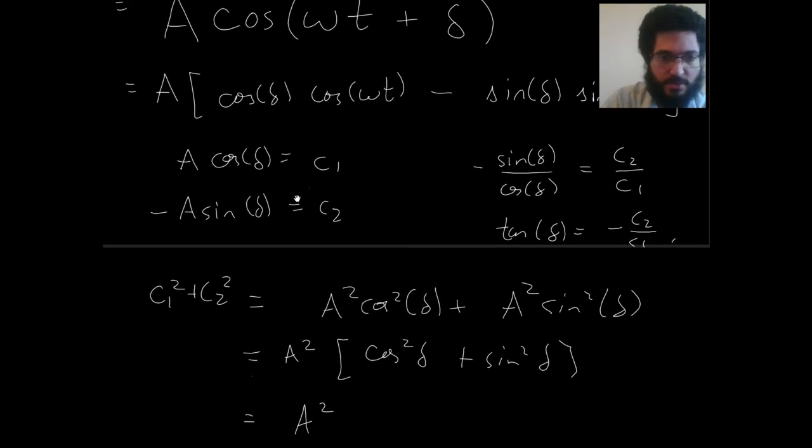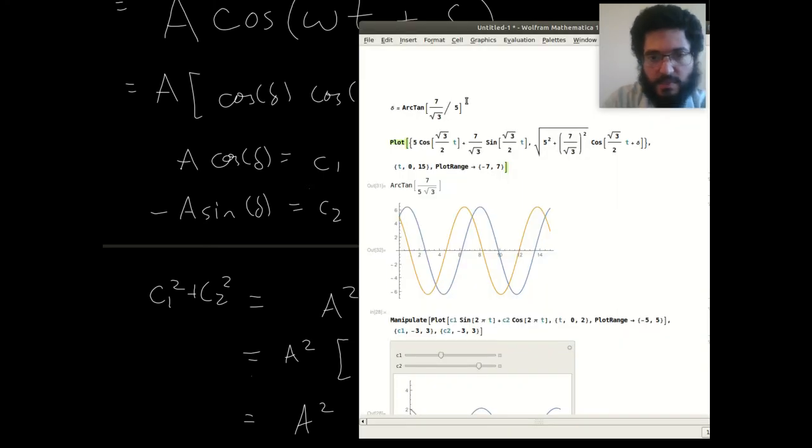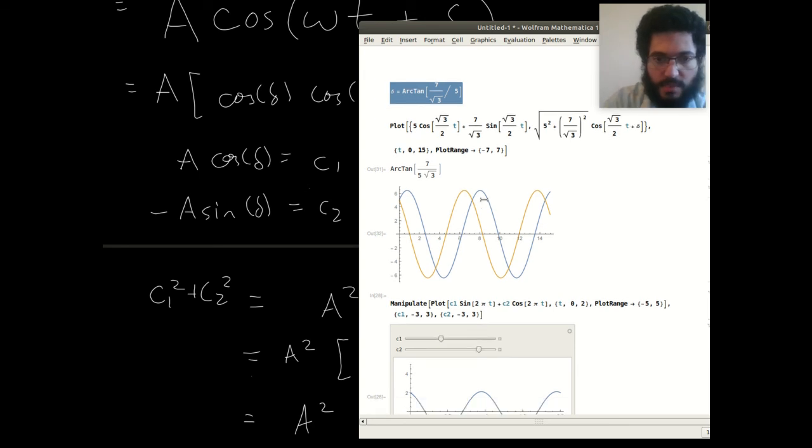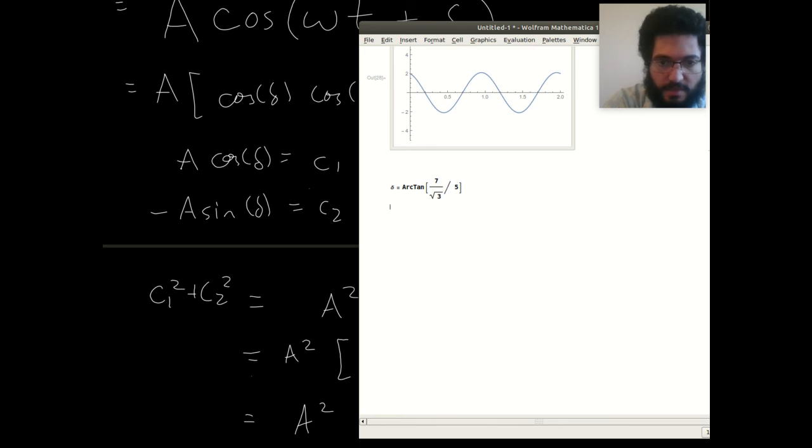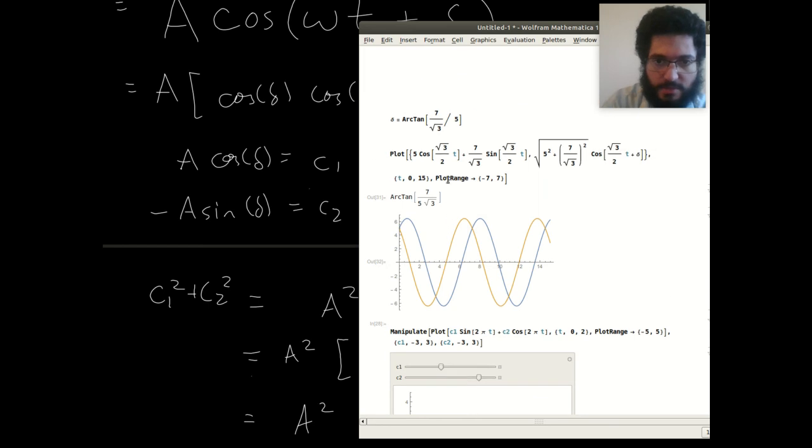So let's check whether we actually solved this equation with our A and delta. Okay, so let me copy my delta here. Copy the delta over to a new cell down here. And then let me define A. A was, let me just copy it over. It was here.